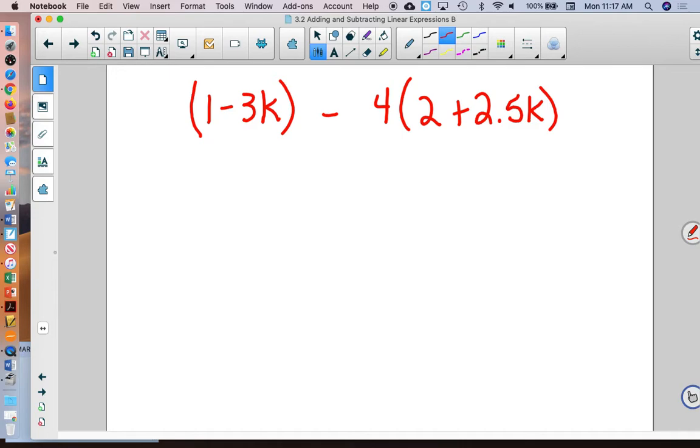Do you agree we have a subtraction statement with the minus here? Subtraction we change to add opposite. Does that solve or simplify that part of it? That's as far as I would go with the opposite. Do you agree? Okay, so this says then to distribute or multiply -4 times everything inside those parentheses.